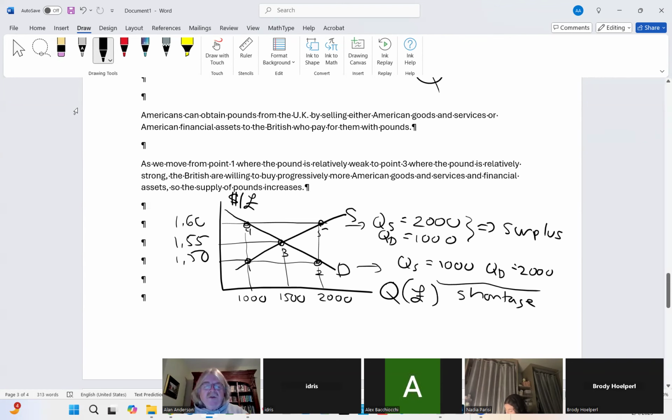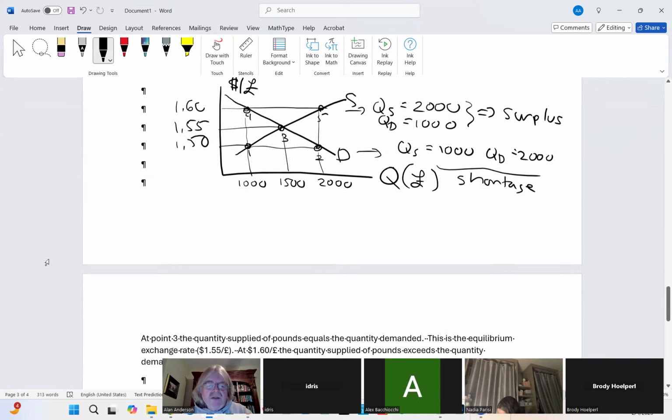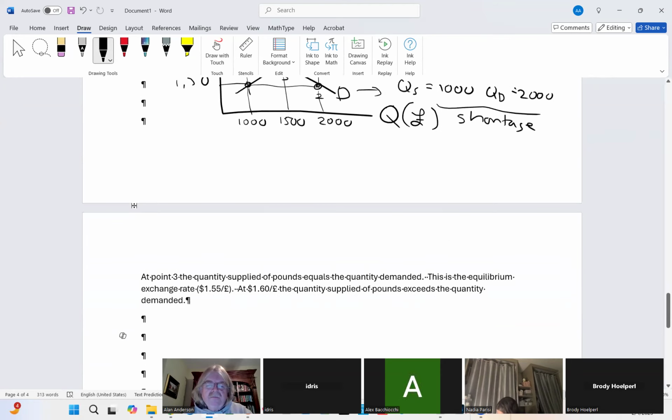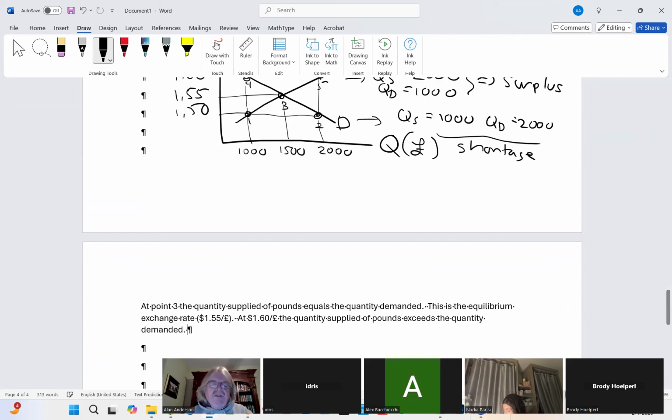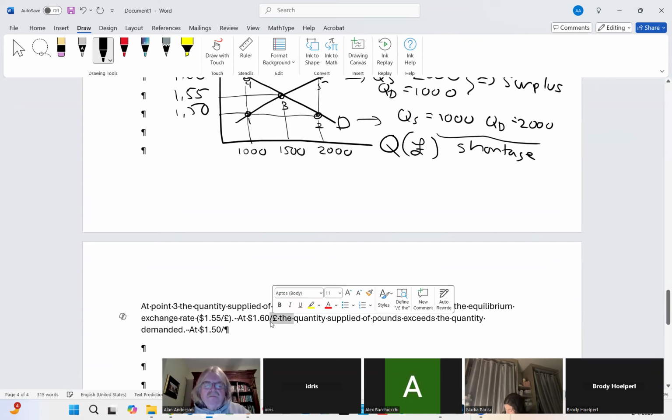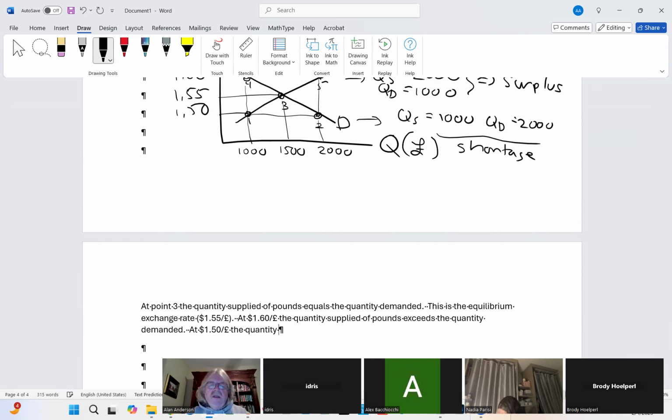Now, when there's a surplus or a shortage, the markets will adjust. Okay, so I started to write that down here: at $1.50 per pound, the quantity demanded of pounds exceeds the quantity supplied.